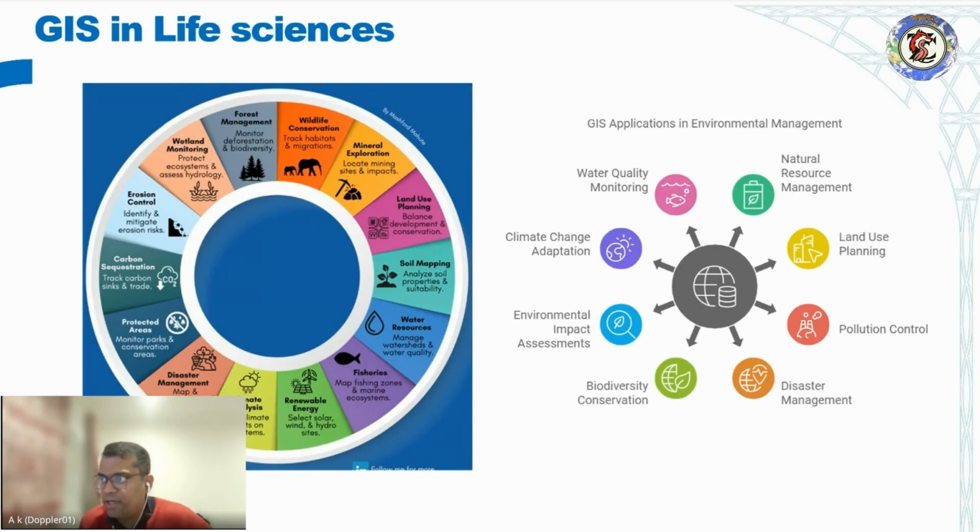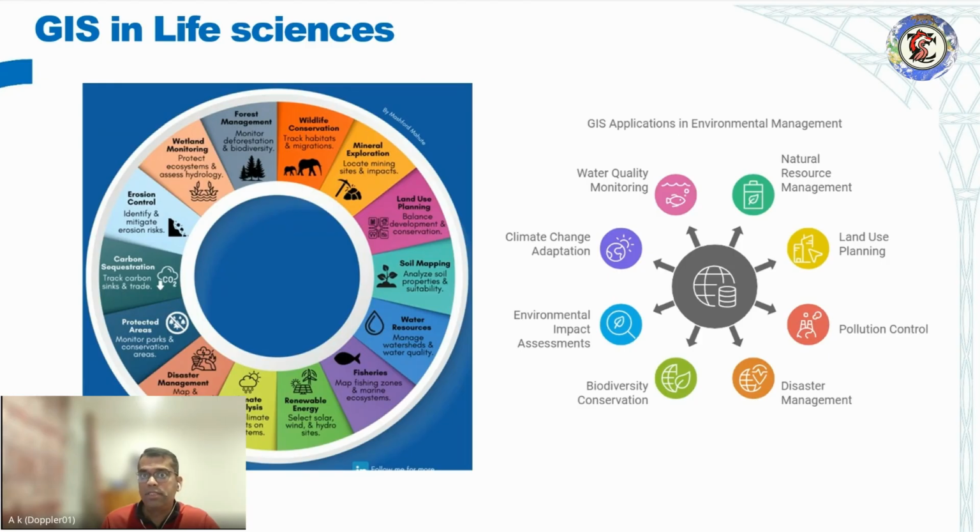As you can see, pollution, disaster management, biodiversity conservation, that's very important. I will show a couple of examples of how it is used. Environmental impact assessment, water quality monitoring.